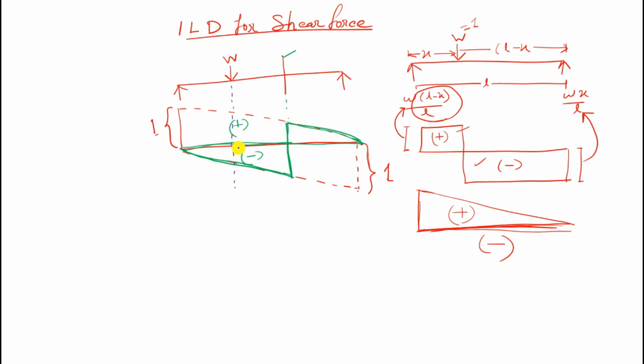So at the left side of the section we have this particular height, so we have to calculate this height and multiply by W. You will get the amount of shear force due to this application of load W at this particular section. So this is the ILD for shear force.